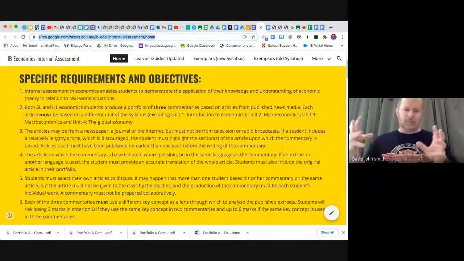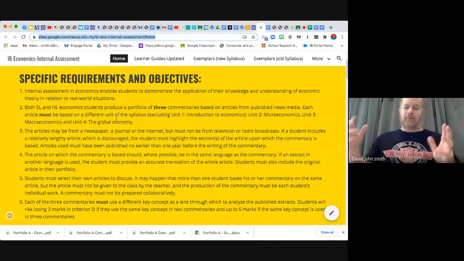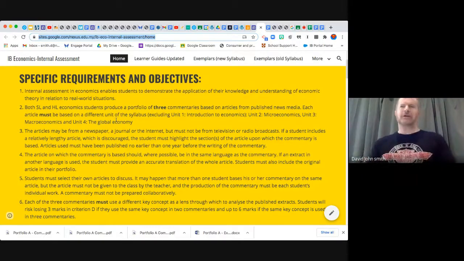Both HL and SL, there's very little difference between the two of you. You both need to produce a portfolio that has 3 commentaries. Now, when we say commentary, it's an academic explanation based on articles from published news media. So each article is going to be on a different unit within the syllabus.